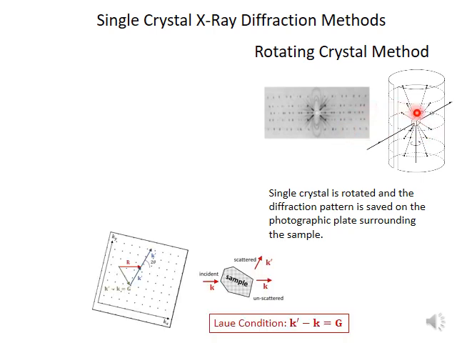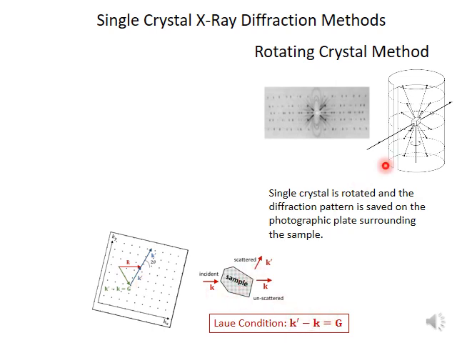This rotation is done because, as we showed earlier in one of the modules, you have an incident wave and you have a scattered wave, and you can find the difference between these two waves, and you rotate the crystal until the difference between the two is equal to the reciprocal lattice vector. So the starting point of this difference vector and the ending point both are on a reciprocal lattice point, and this is the Laue condition.